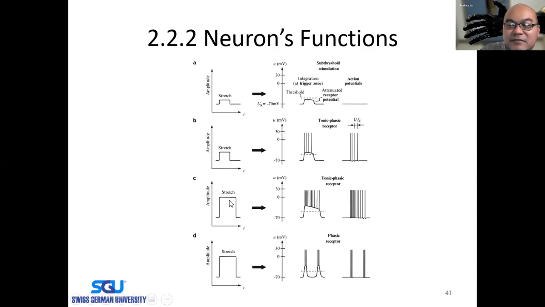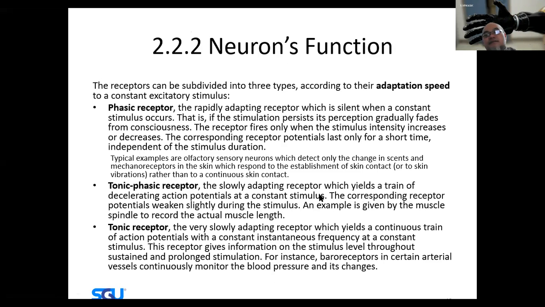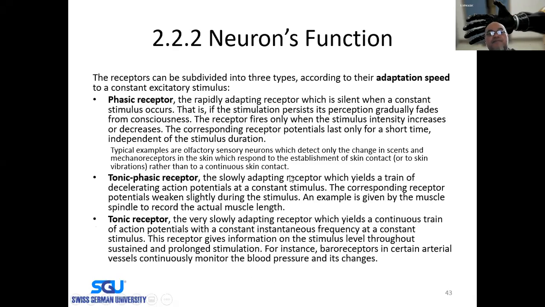So at a constant stimulus like this stretch, initially, because the amplitude is very high, it creates very high frequency impulses, but slowly the pulse frequency decreases, and you see that it is getting sparser between the pulses. The corresponding receptor potential weakens slightly during the stimulus. An example is the muscle spindle, which records the actual muscle length.